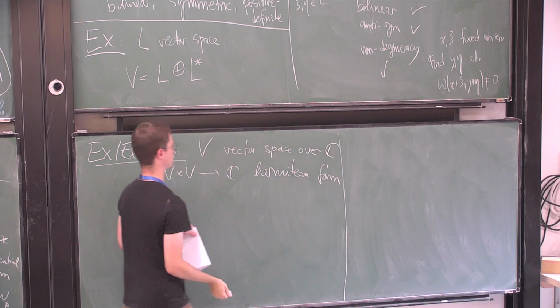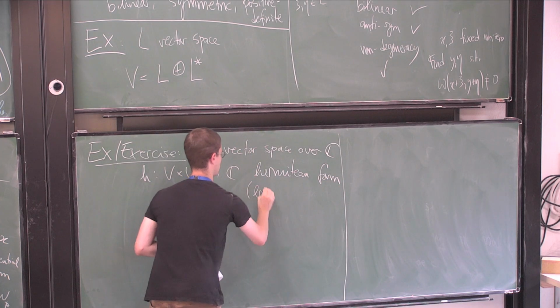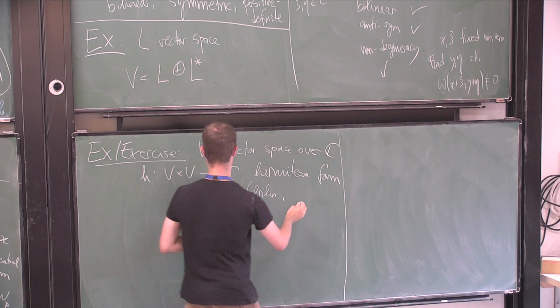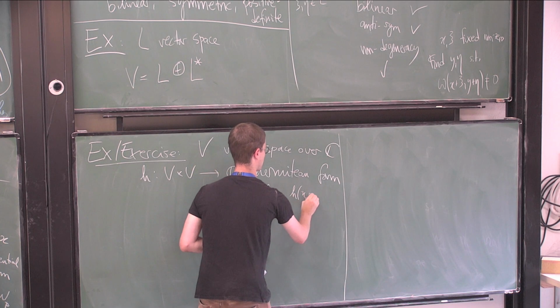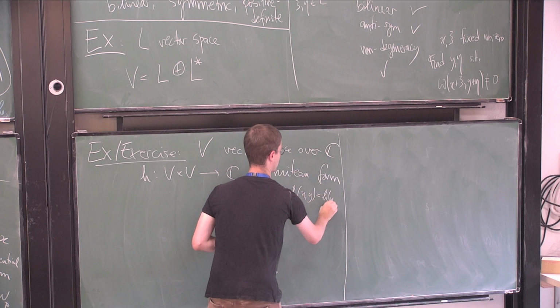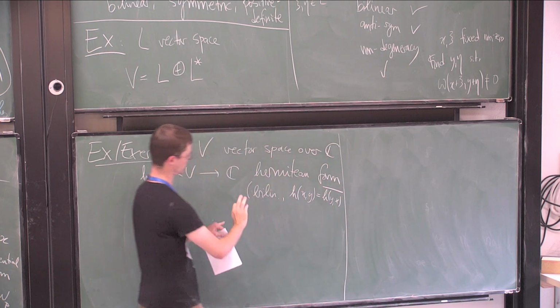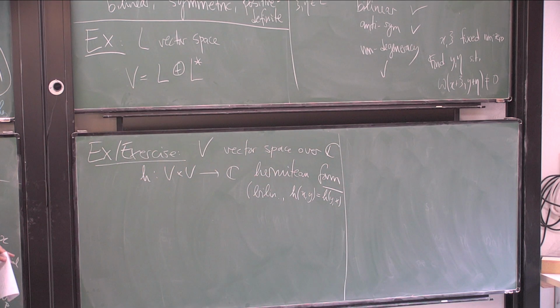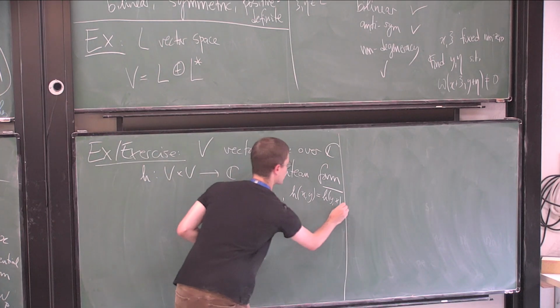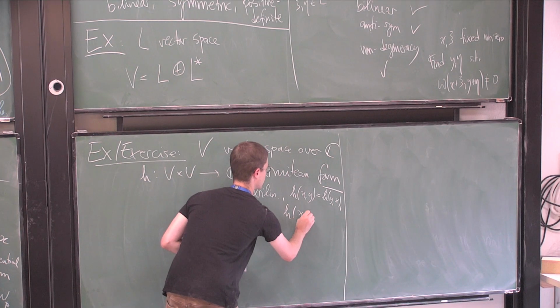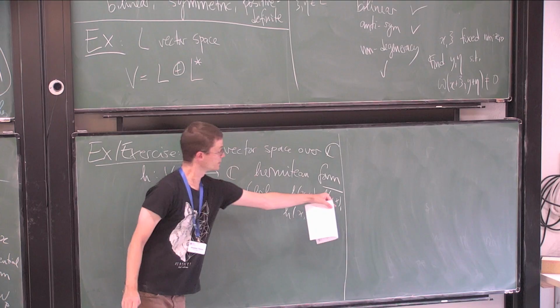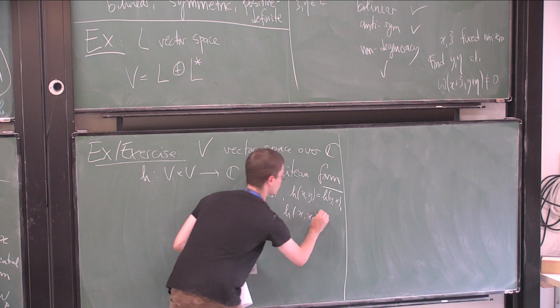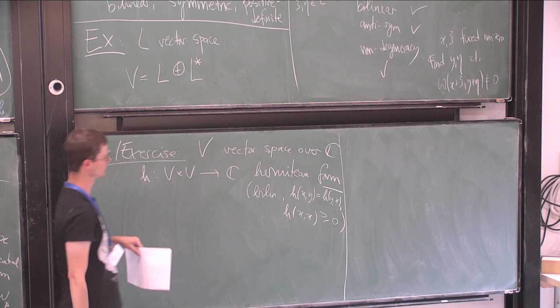What does it mean? It means it's bilinear, and it has the property that H(x,y) equals the conjugate of H(y,x). Whenever you change variables, you conjugate. And H(x,x), by this property, is real, and you want it to be positive.